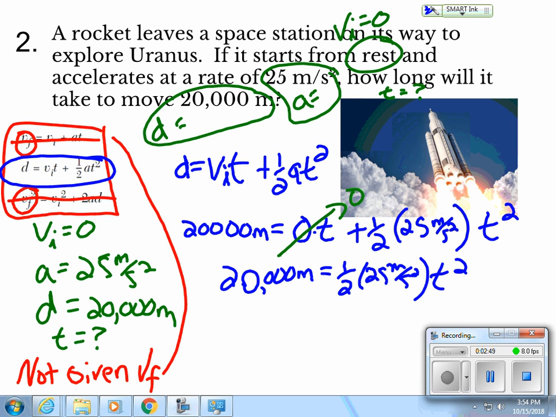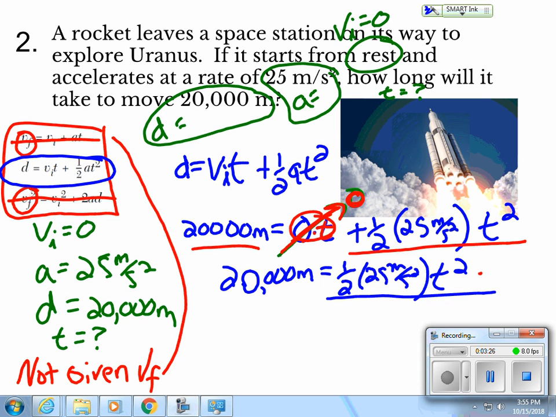A question from the audience was, why did this go to 0? Because 0 times time makes this entire term disappear. So now my middle term is gone, and I have just this term and this term to look at. I rewrote them on the next line.